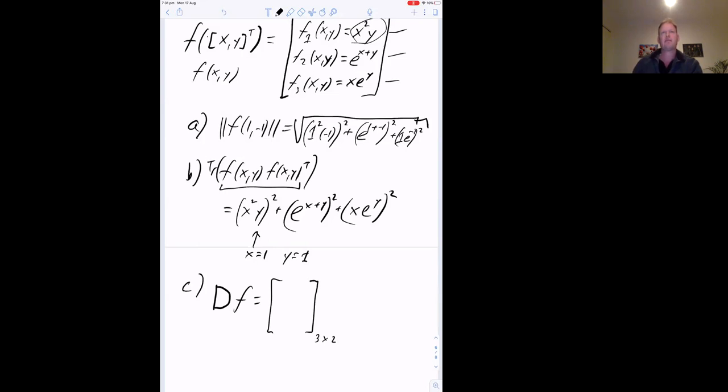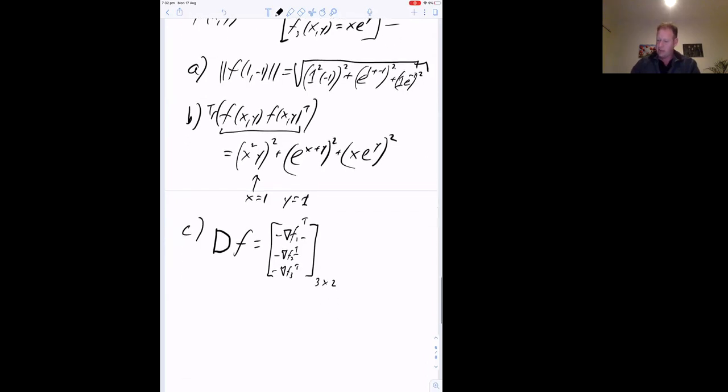Yes, I was making a mistake for a moment. The Jacobian is going to be a 3 by 2 matrix, where the first row is going to be the gradient of F1 transposed, the second row is going to be the gradient of F2 transposed, and the third row is going to be the gradient of F3 transposed. So there we go, that's a Jacobian.